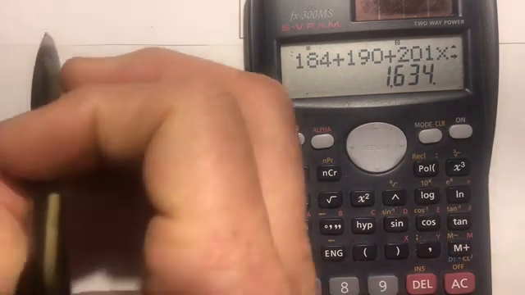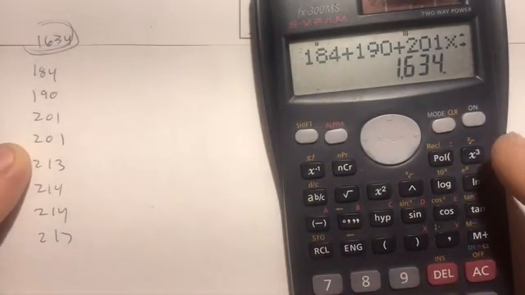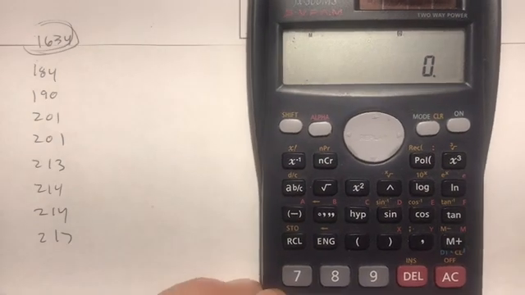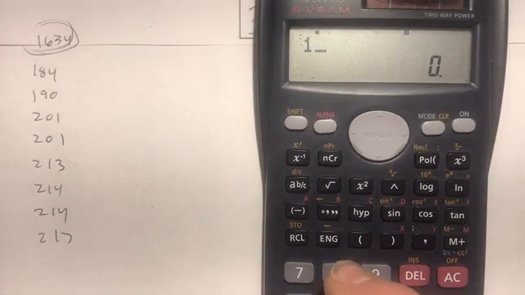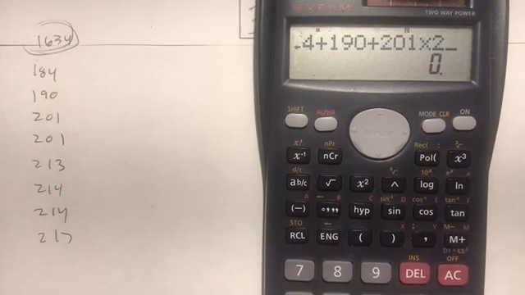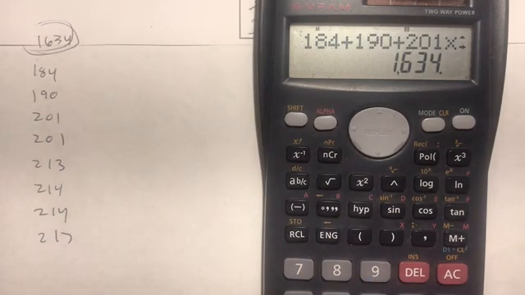Now I'm just going to write that up here. That's what I got the first time. I'm going to do it again. You always want to add these twice because you can make mistakes adding on the calculator. So I got 184 plus 190 plus 201 times 2 plus 213 plus 214 times 2 plus 217. And I got 1634 again, so I think I'm good then.